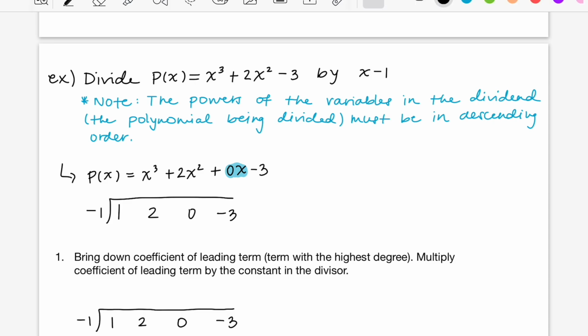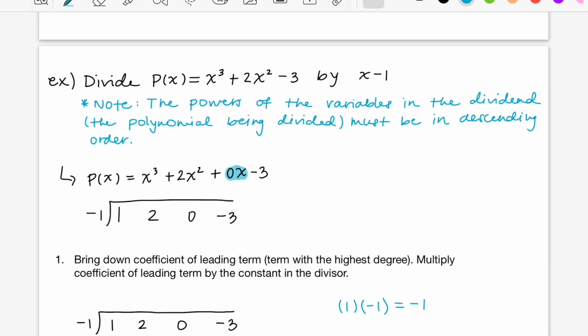The constant in our divisor x minus 1 is this minus 1 here. So we multiply the coefficient of our leading term, 1, by the constant in the divisor, negative 1, and we'll get negative 1 here.